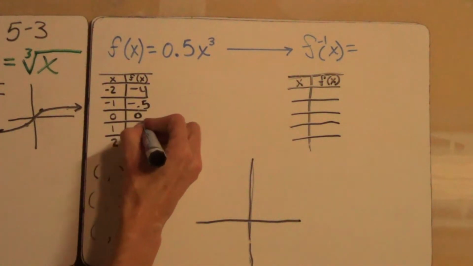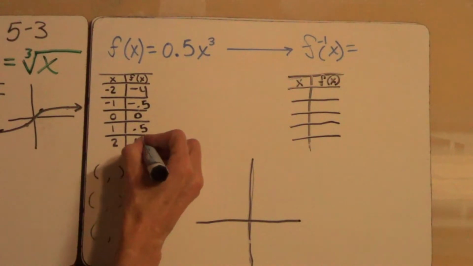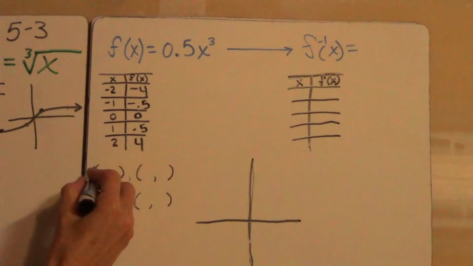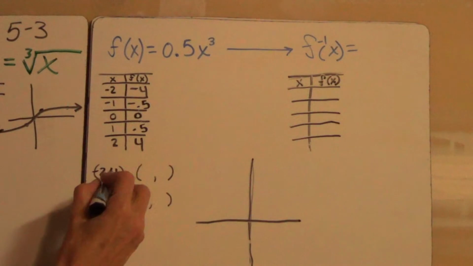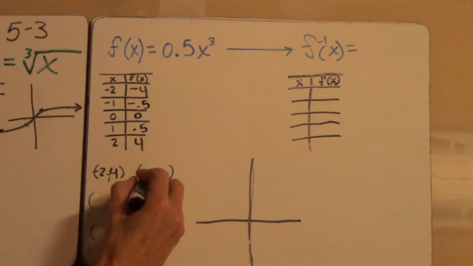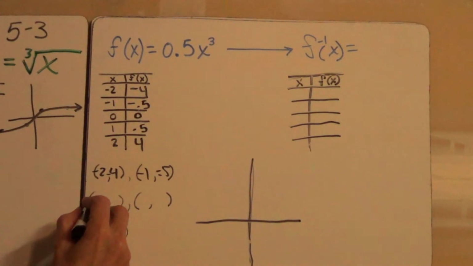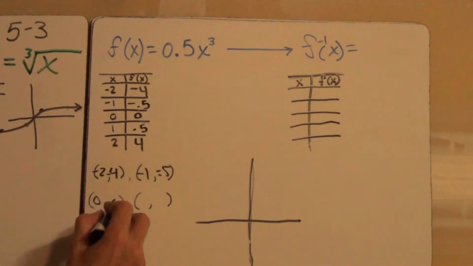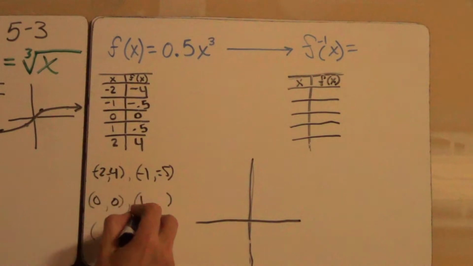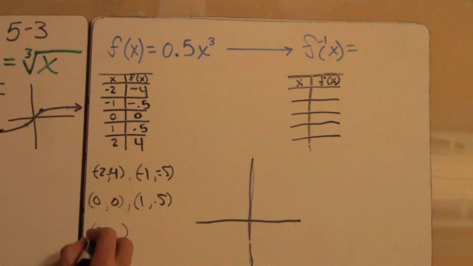And now these will just be the positives of those. You could put it in points, so -2, -4, -1, -0.5, 0, 0, 1, 0.5, and 2, 4.